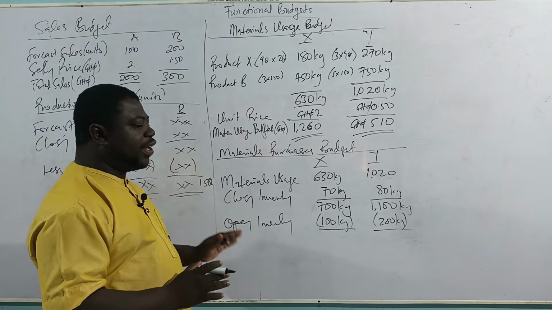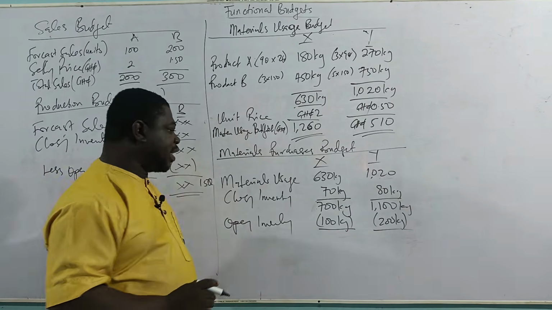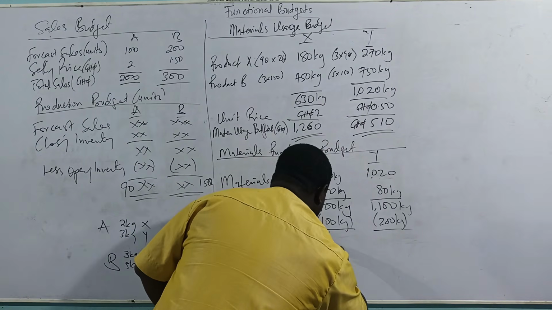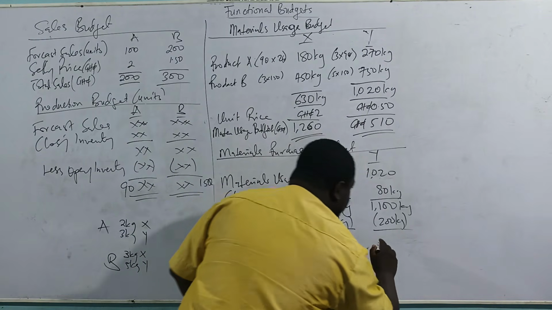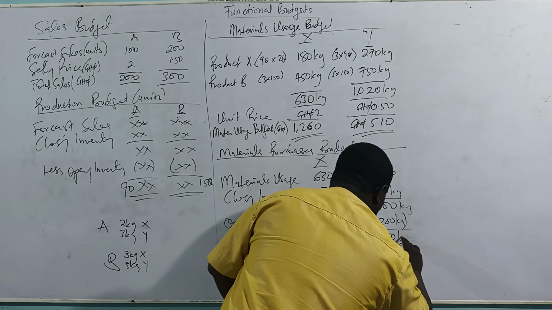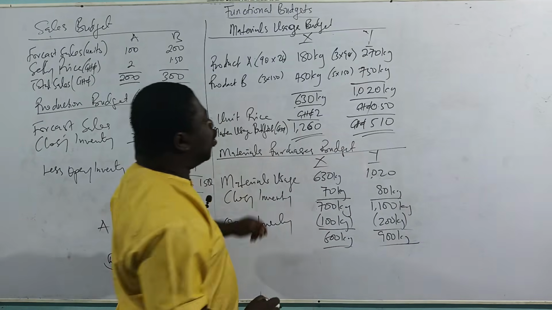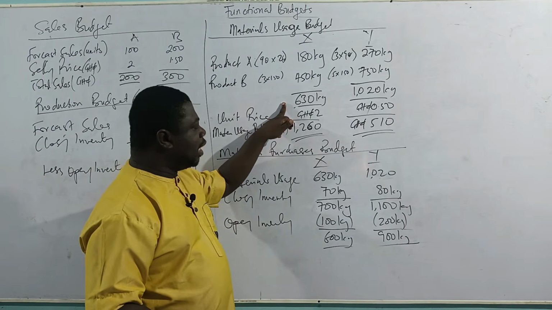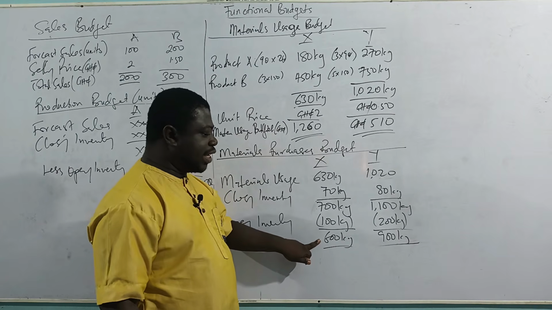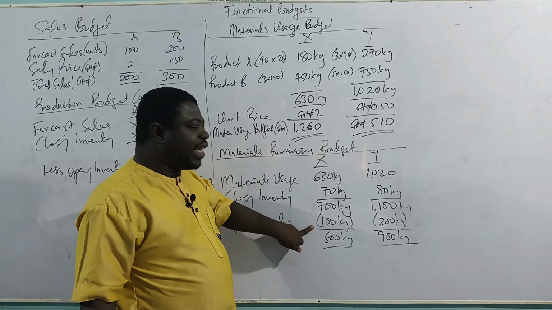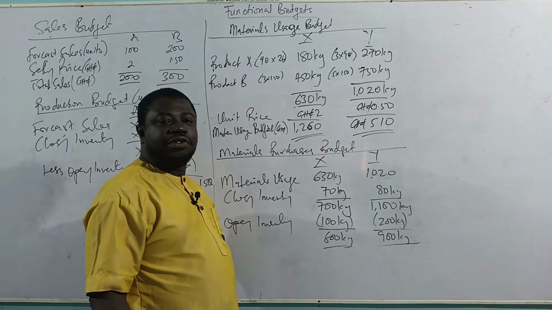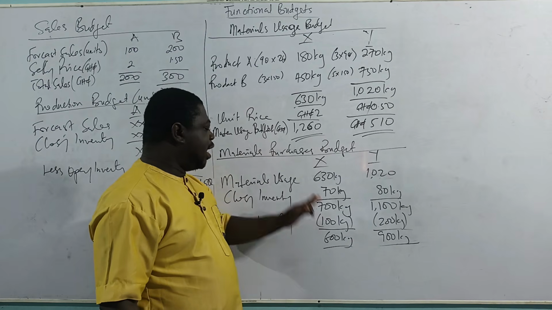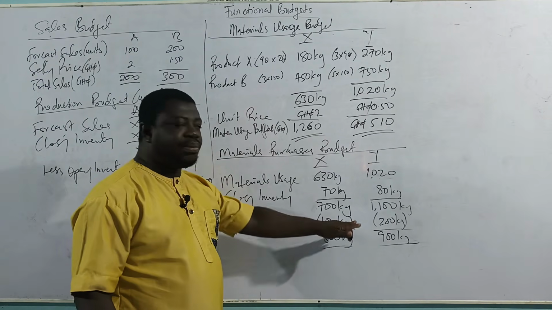I'm sure the figures will make it more realistic for you to understand. So 600 kg becomes the materials to purchase, and 900 kg. So even though we are going to use 630 kg, we are going to purchase only 600. Why? Because we already have 100 kg and we expect a closing inventory of 70. So this becomes the materials purchases budget.